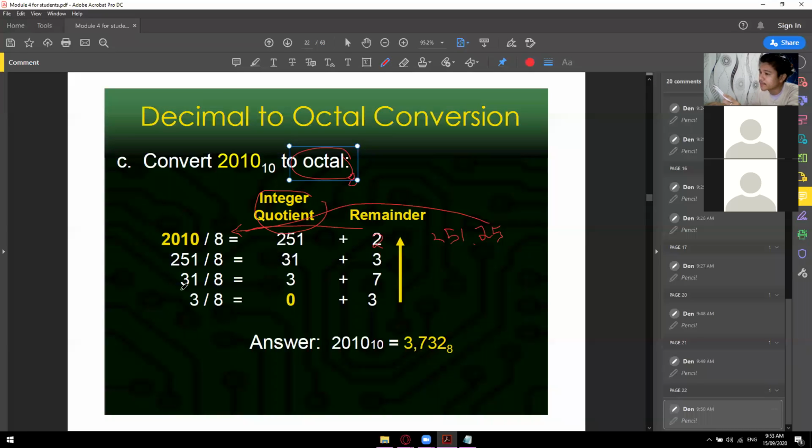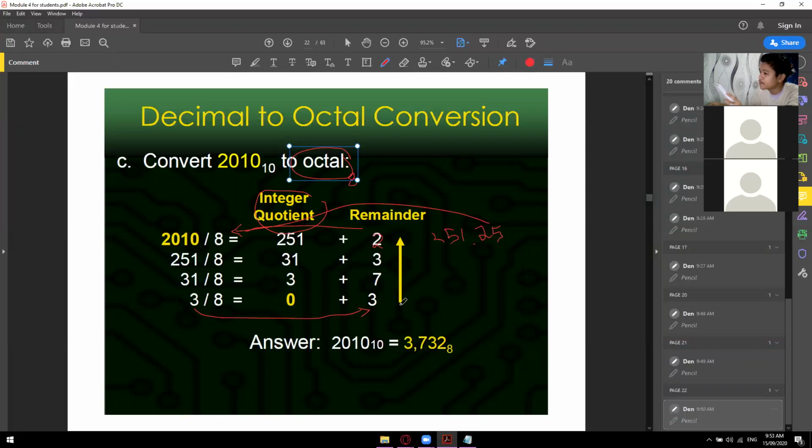So 31 divided by 8, this you can do manually. So 3 and then remainder 7: 8, 16, 24, so 31 minus 24 is 7. And then 3 divided by 8 cannot be. So just take the last number as a remainder.